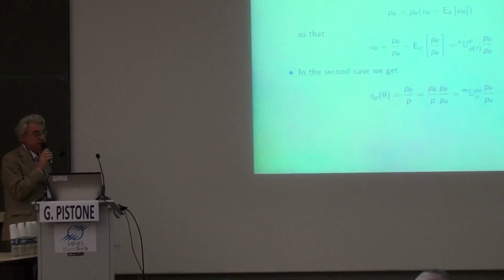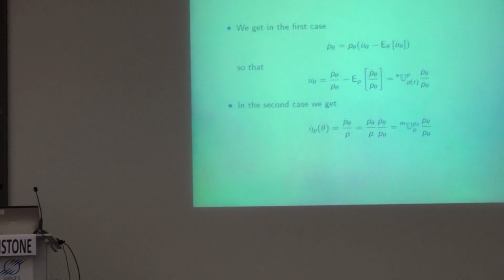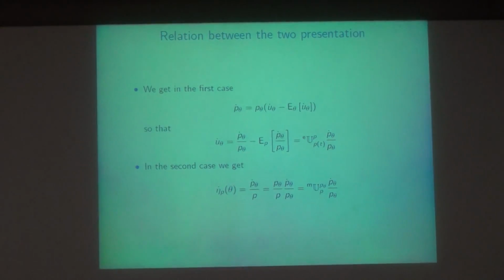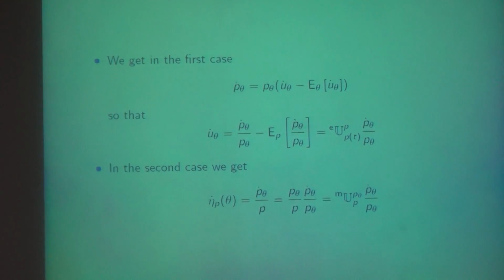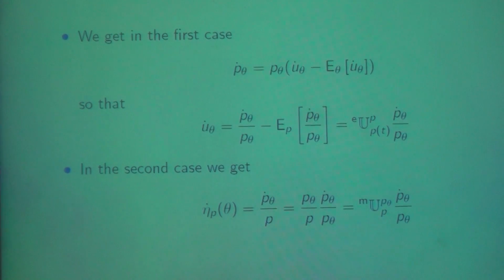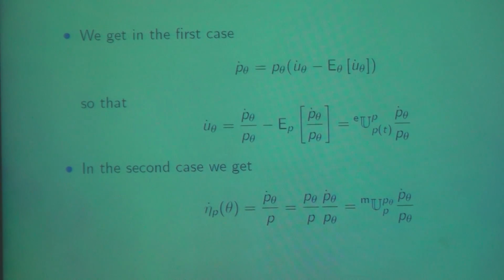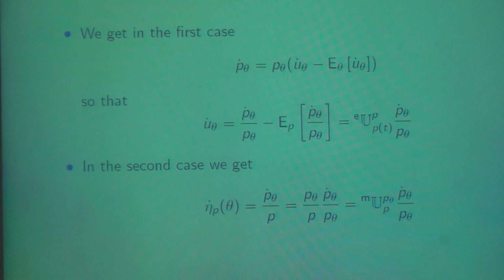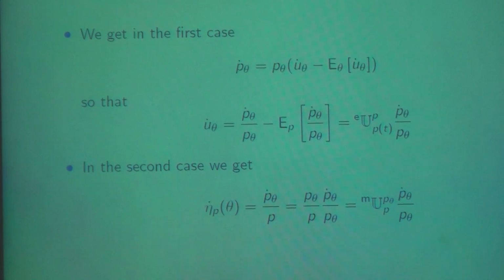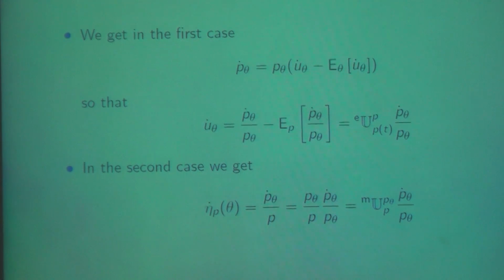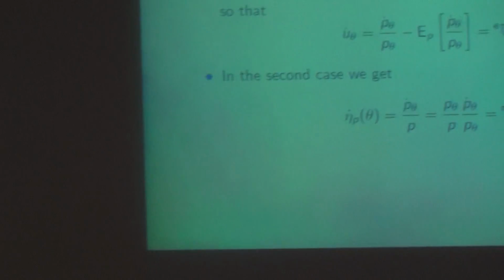In the first case, we do the obvious computation: the derivative of u is exactly the Fisher score, dot p theta upon p theta, but centered, because we want something with expected value zero at p0.